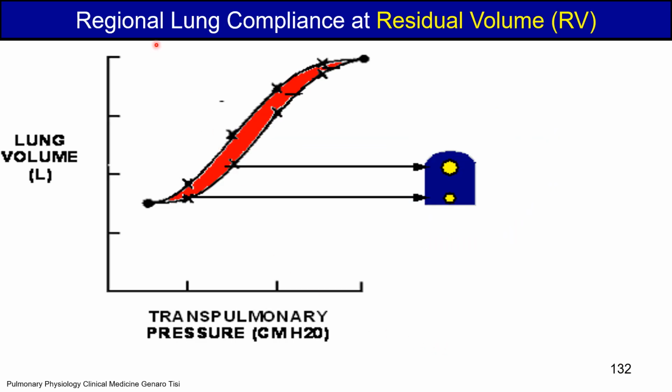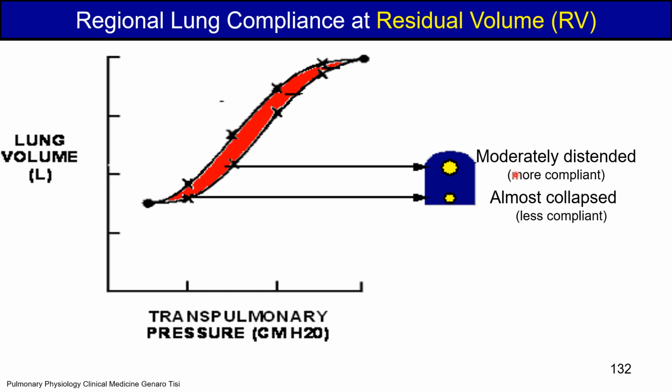So let's now analyze the regional lung compliance at residual volume. If this is the lung, this is the configuration of the alveoli. Notice at the bases, the alveoli at RV are almost collapsed, so they are less compliant, while at the apices, they are moderately distended and therefore more compliant.